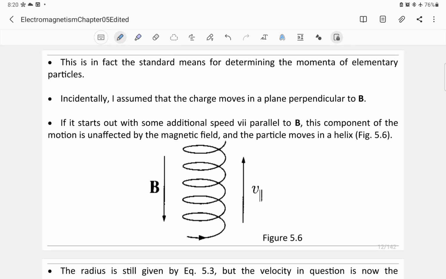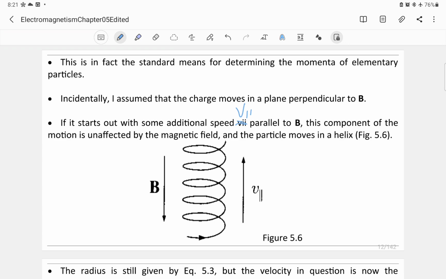So this is the standard means for determining momenta of the elementary particles inside an accelerator. But if your particle starts out with a v parallel to b, this component of the motion is unaffected by the magnetic field, only the motion that is perpendicular to b.